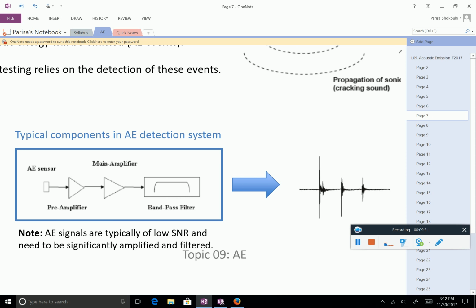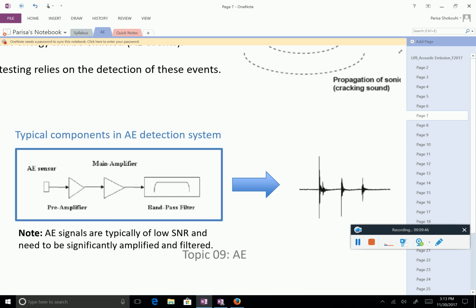Why do we need a lot of amplification? Because when you have an active source, you can control the voltage, you can put in as much as you want, so you can control signal to noise ratio, etc. In passive monitoring, something has burst, the energy travels through the material, so the signals may be very tiny.